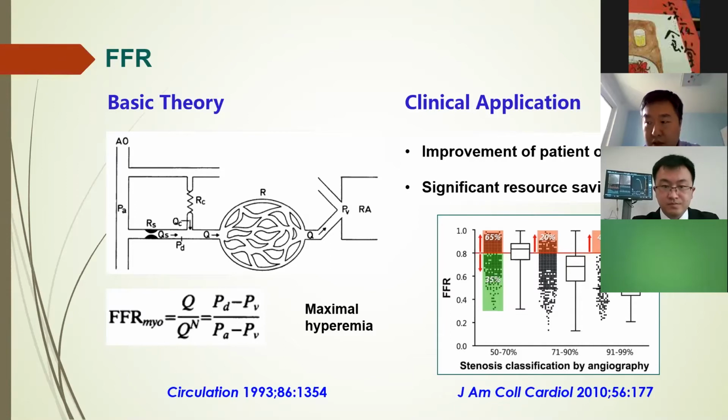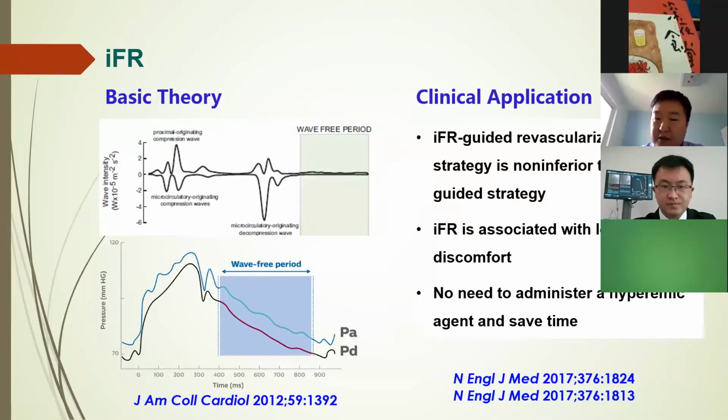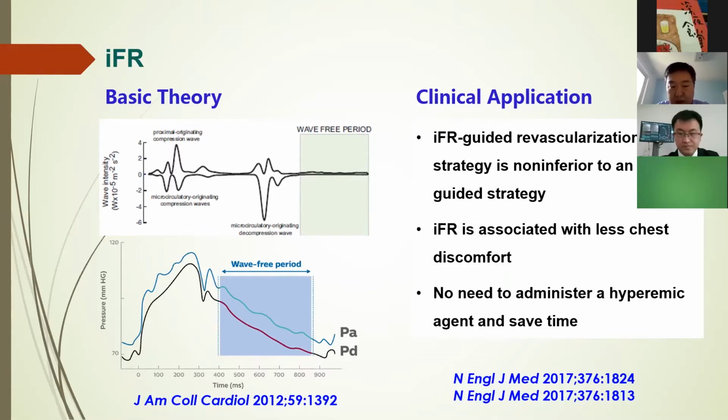normally we will decide on PCI stenting. But FFR is not good for some patients, because if the patient is allergic to adenosine or some other hyperemia agent, some other scientists proposed a new parameter. They call it the iFR, the instantaneous wave-free ratio. Normally, in the diastolic period, there is a small period we call the wave-free period.